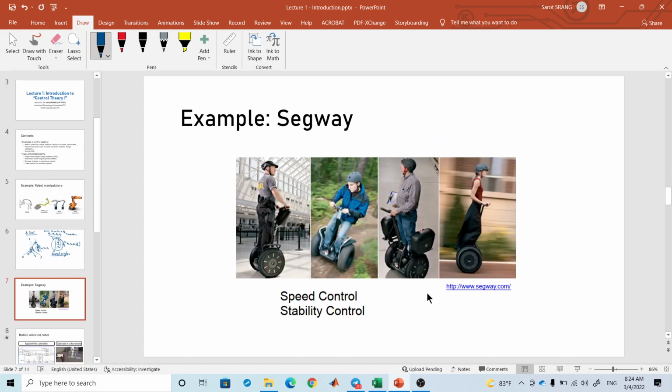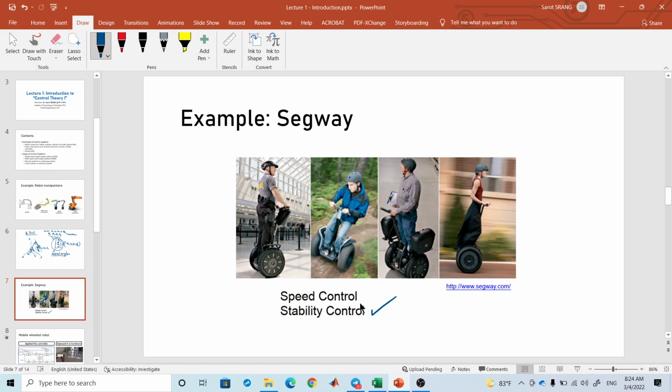Another application is, for example, the Segway. In this application, your control objective is first stability. You must keep it straight in such a way that your posture is comfortable.